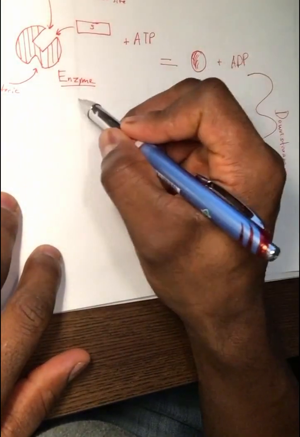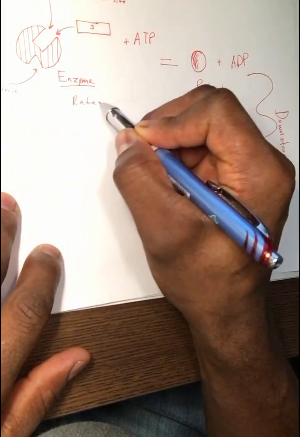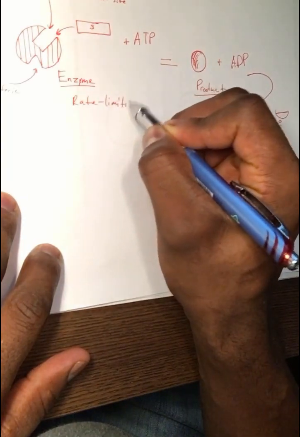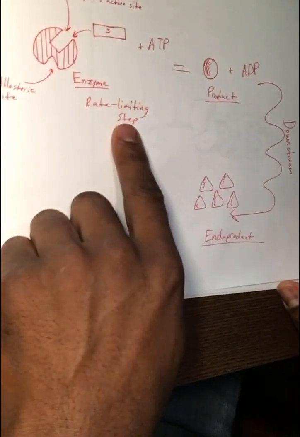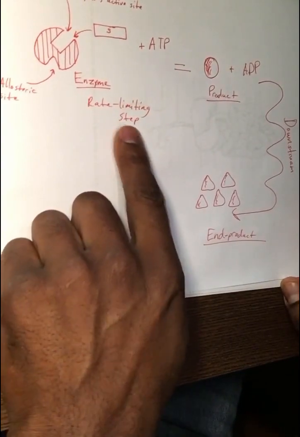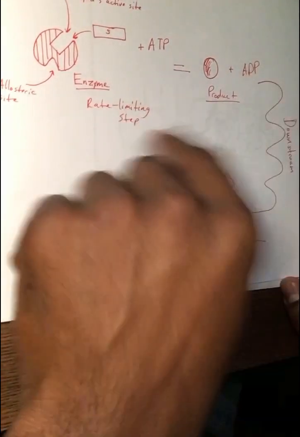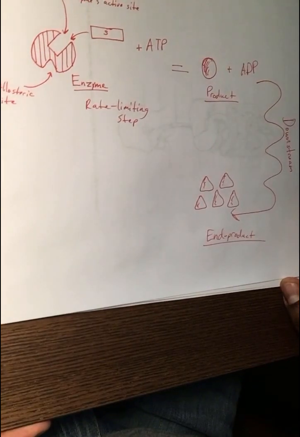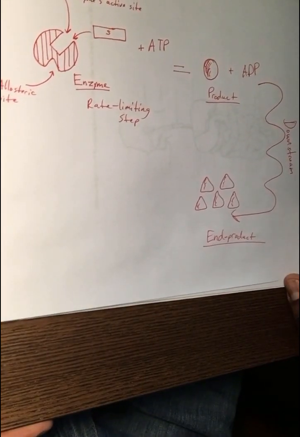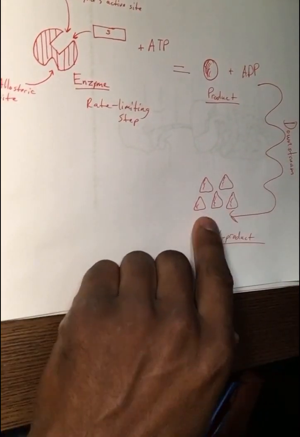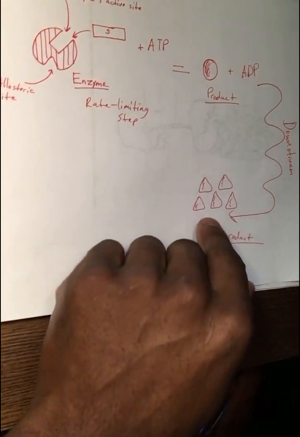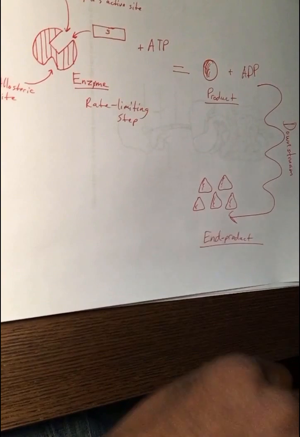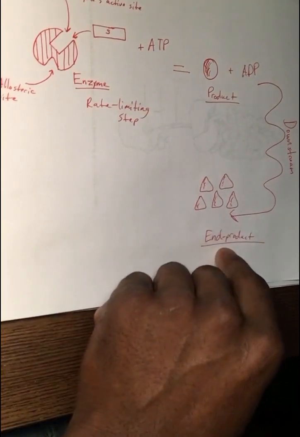So this is the rate limiting step here, meaning that by way of this reaction we can control the rate of the overall process. We can limit the amount of product that comes about. So here we have more end product than we actually need.